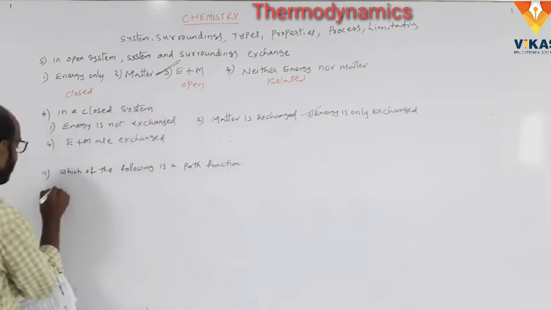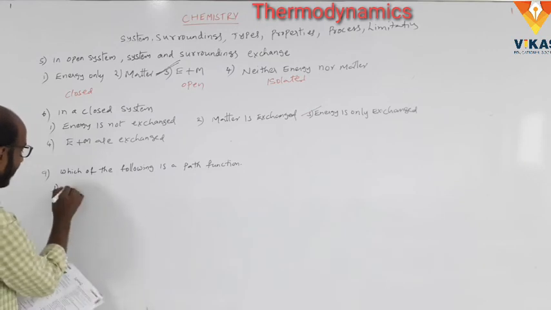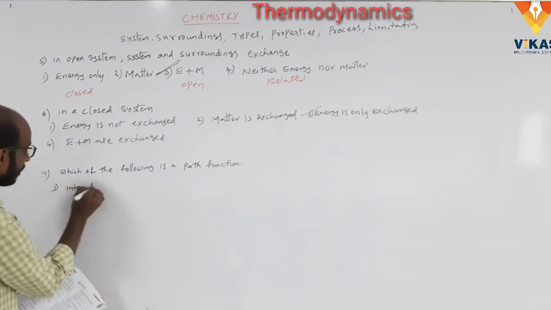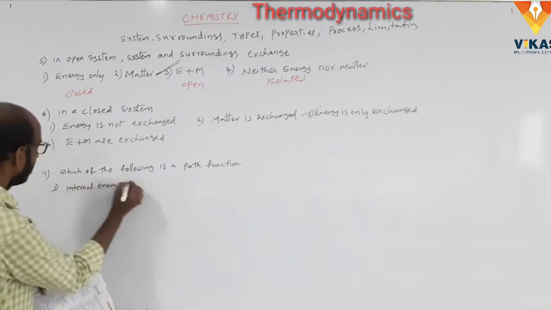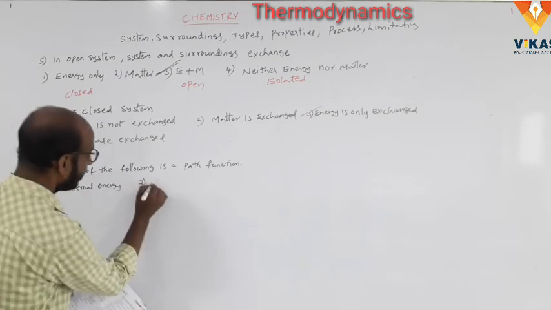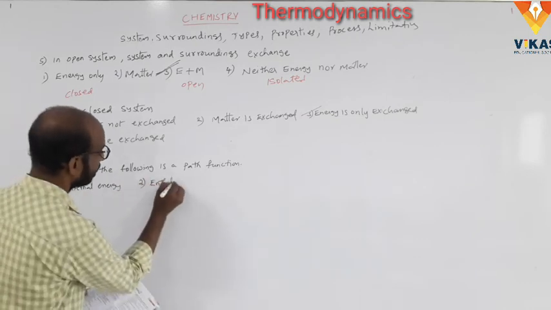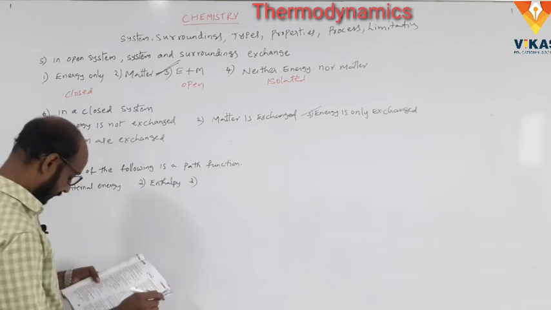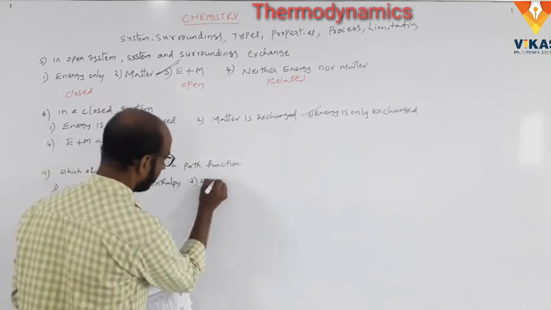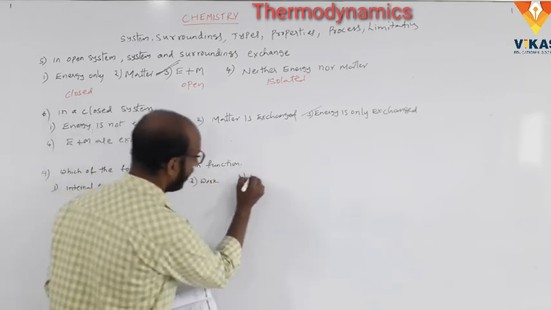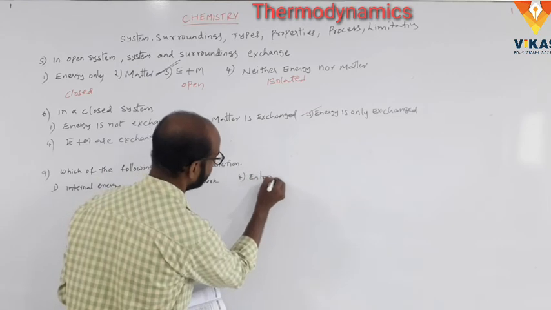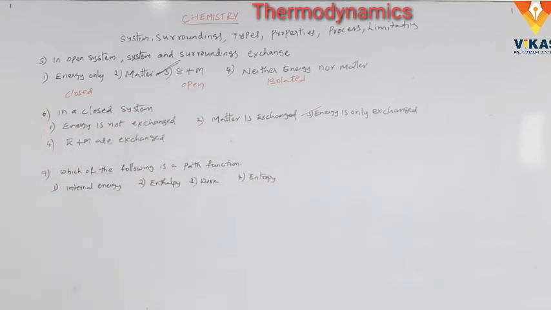Which of the following is a path function? Number 1, internal energy. Number 2, enthalpy. Number 3, work. Number 4, entropy.